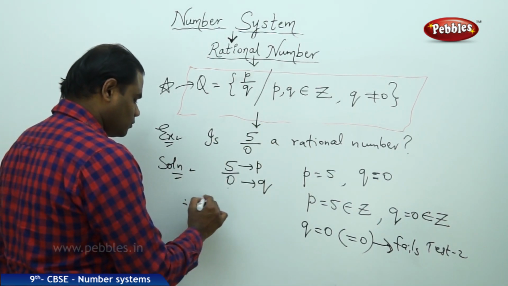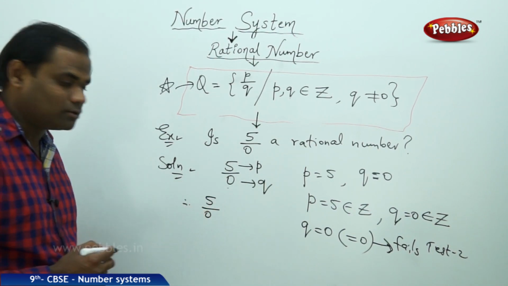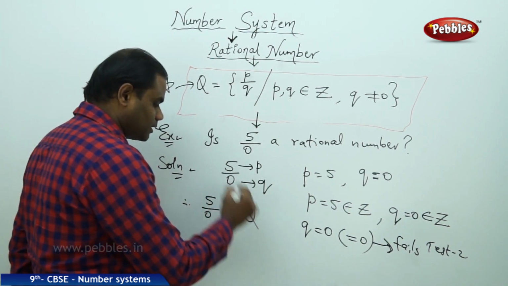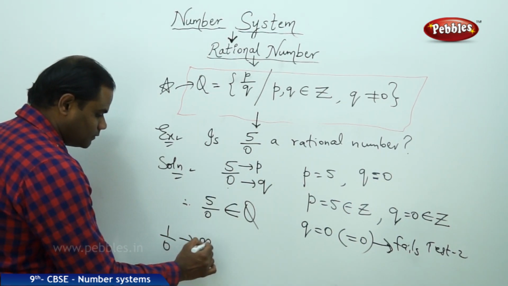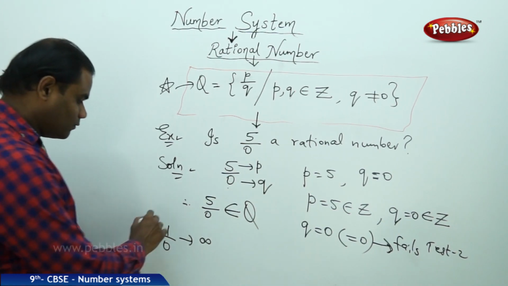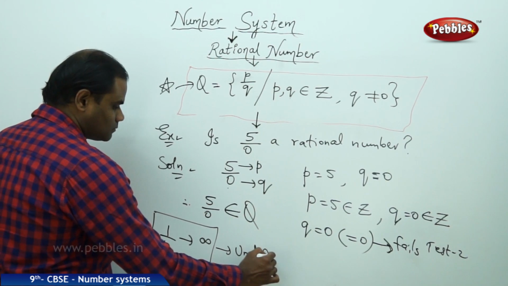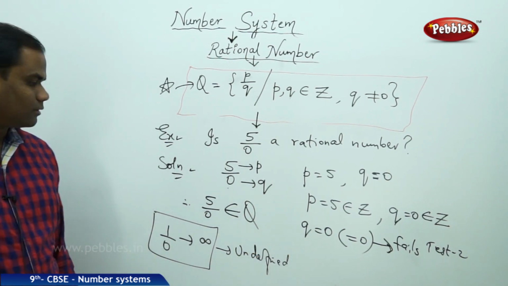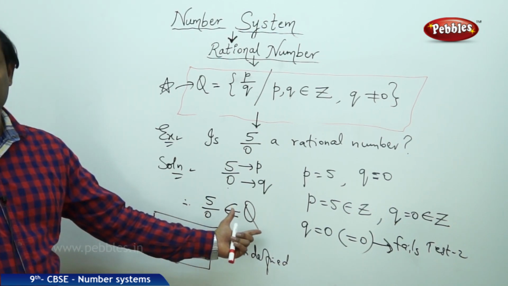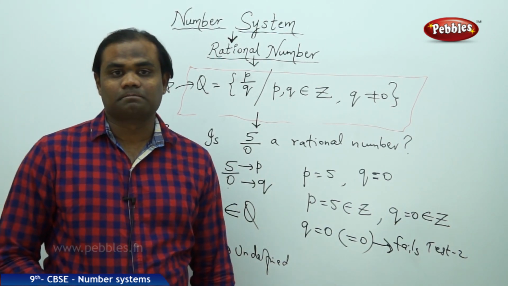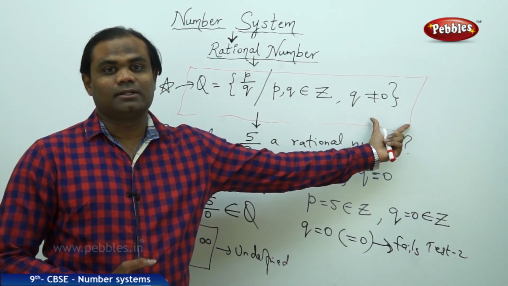Therefore 5/0, or any number with the denominator being 0, cannot be a rational number, because 1/0 is undefined, which tends to infinity. That is how we understand the property. So 5/0 is undefined and is not a rational number, decided through test number 1 and test number 2.